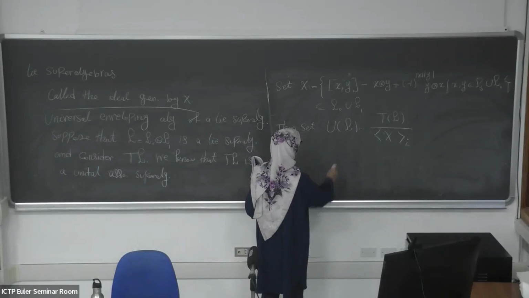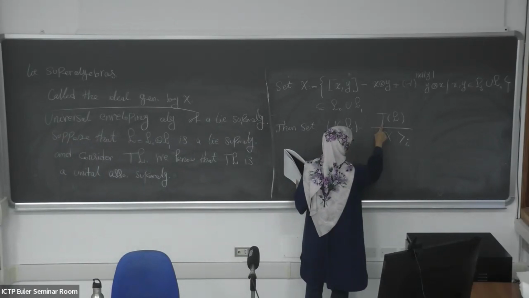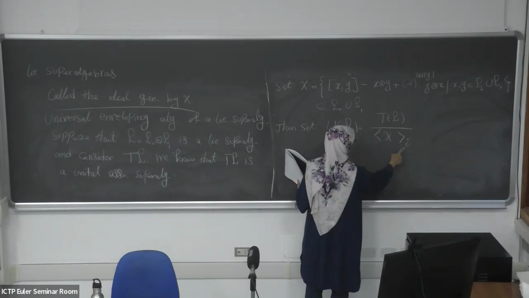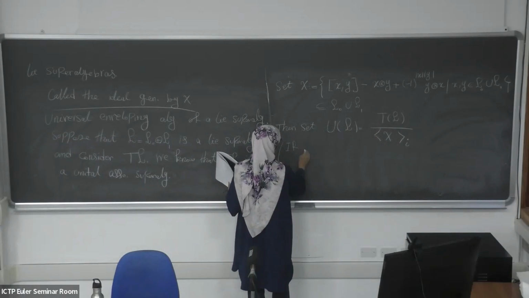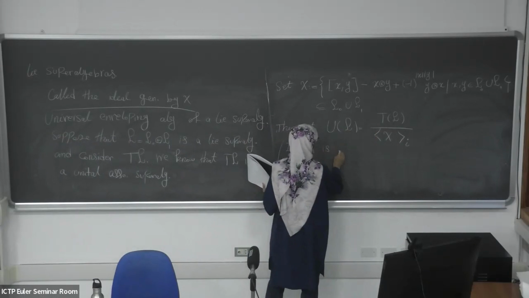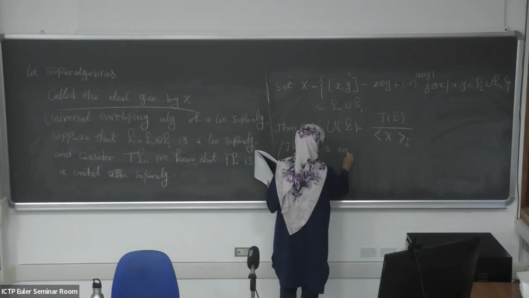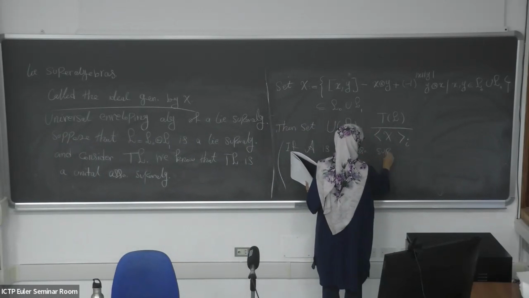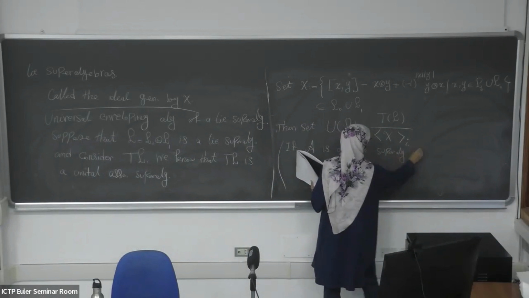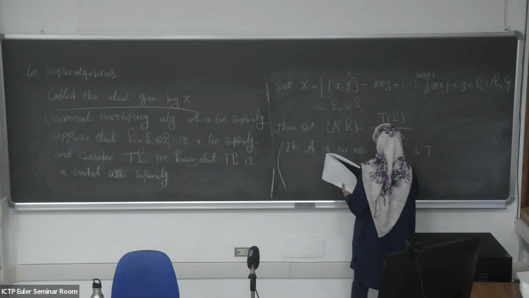It is the quotient of TL over an ideal, if A is an associative superalgebra and I an ideal, or a Lie algebra.